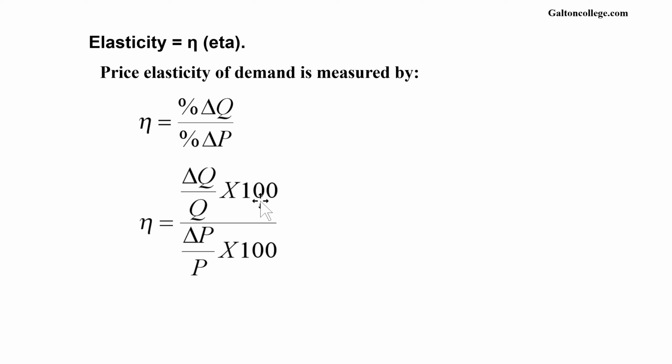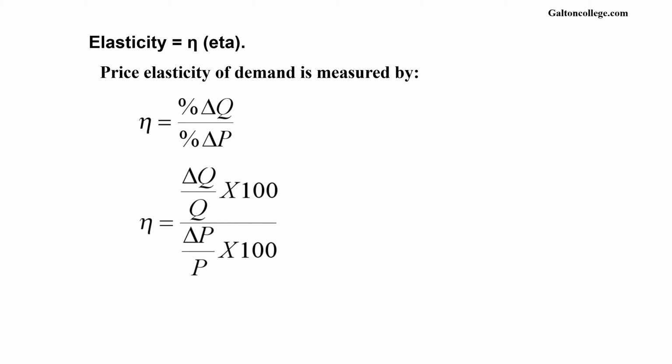That's how we work out the percentage change in something. You take the change divided by the quantity, multiply it by 100. The same for the price. Change in price divided by the price times 100. That gives you the percentage change in the price and the percentage change in the quantity.